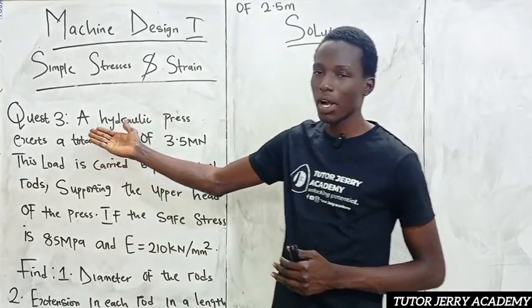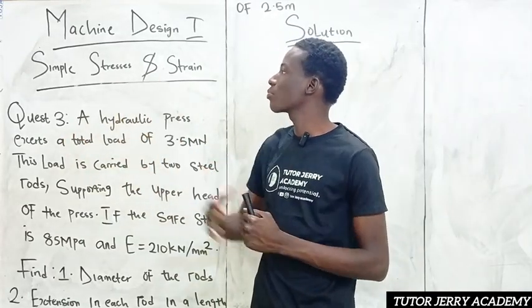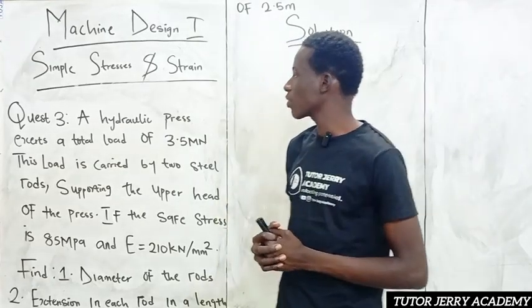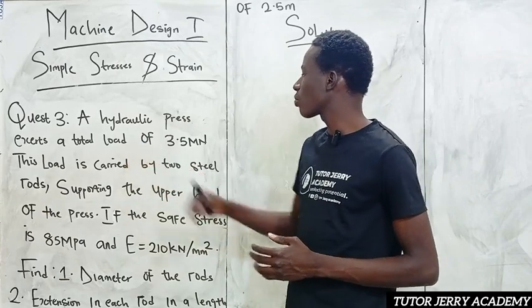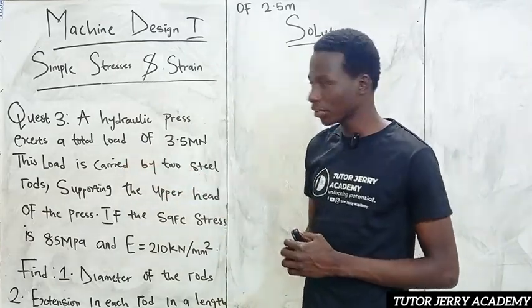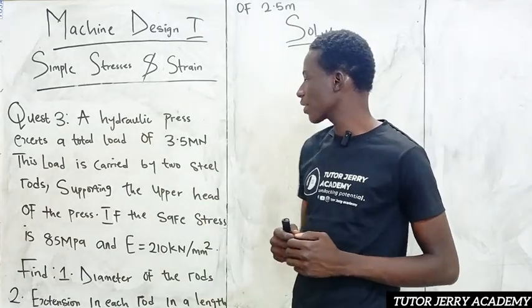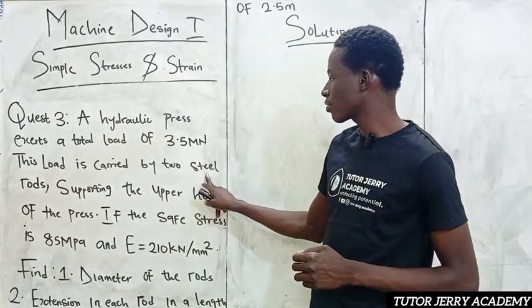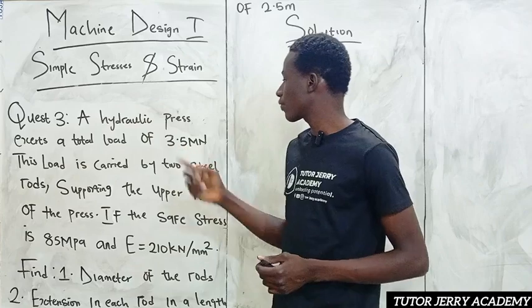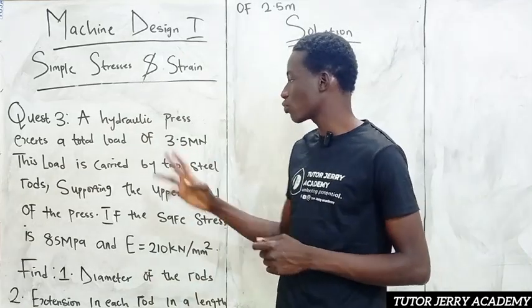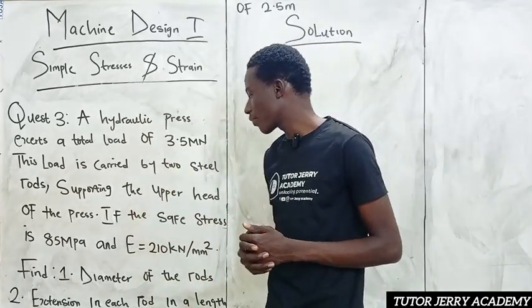Of course, you can see we are on question number 3 under simple stresses and strain. Now, the question on the board says a hydraulic press exerts a total load of 3.5 meganewton. This load is carried by 2 steel rods supporting the upper head of the press.